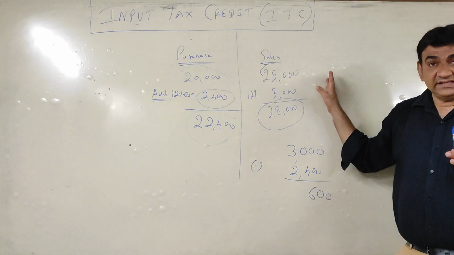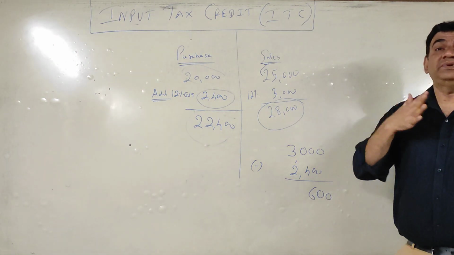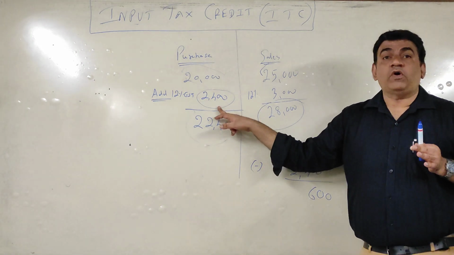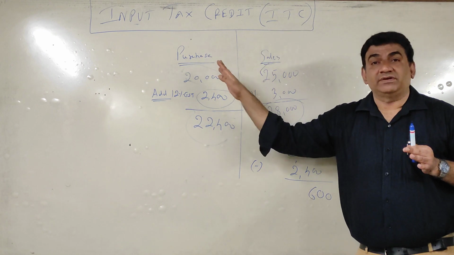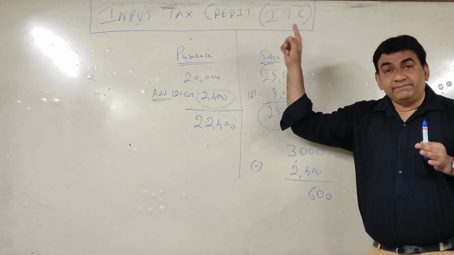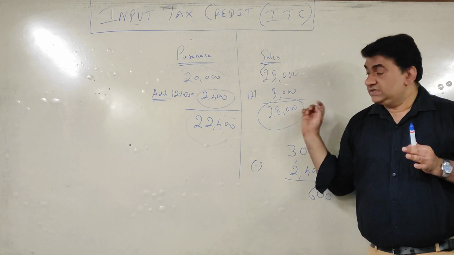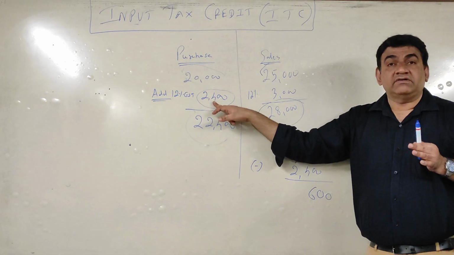You collected 3,000, of which now you are entitled to keep 2,400 with you. Why? Because already from your pocket 2,400 has been deposited to the government. So now this 2,400 what you paid indirectly, now you will retain it because you have collected from the customer what you have already paid to the government.